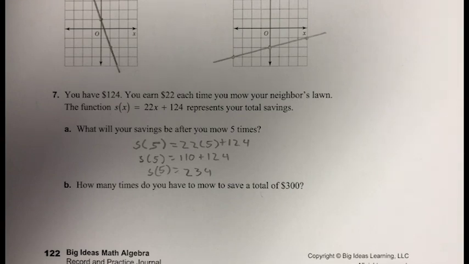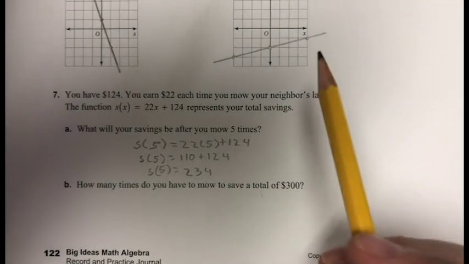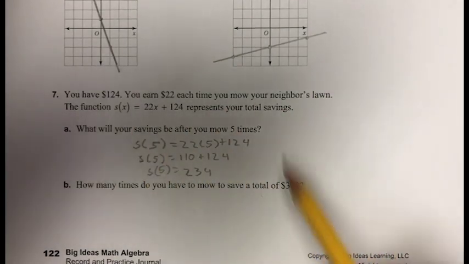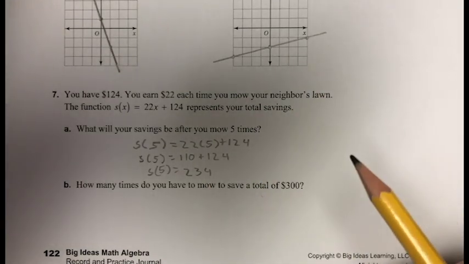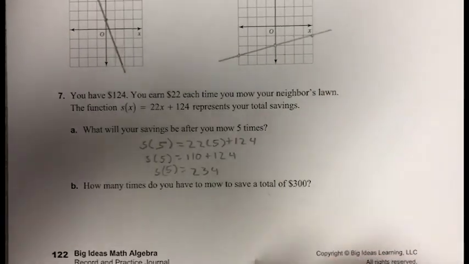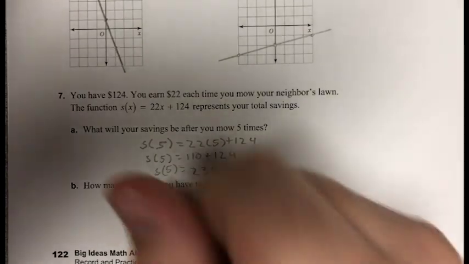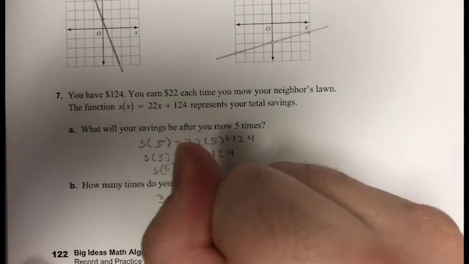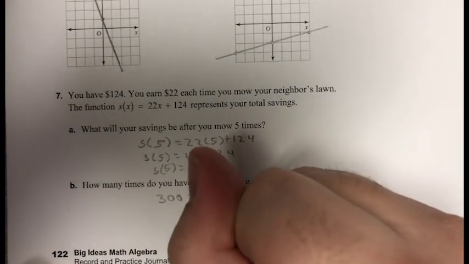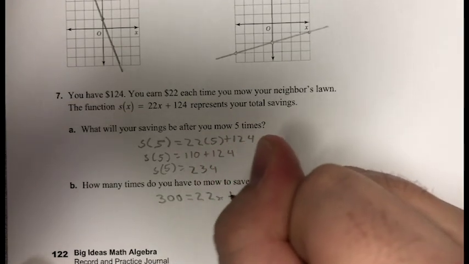Now, look at this next one. It says, how many times do you have to mow to save a total of $300? So you need to recall that S of x represents your total money that you're trying to save. So all you're going to do is use the same equation, but this time you're going to put 300 in the place of S of x, and you're going to solve for x.